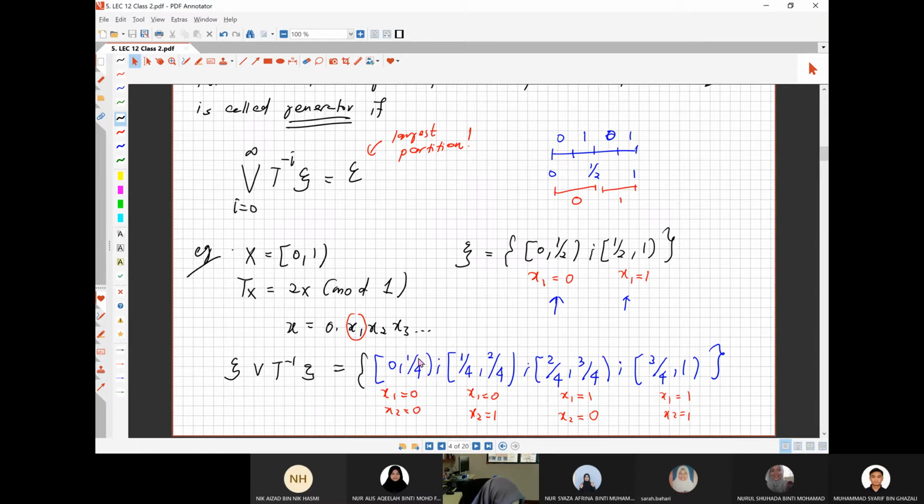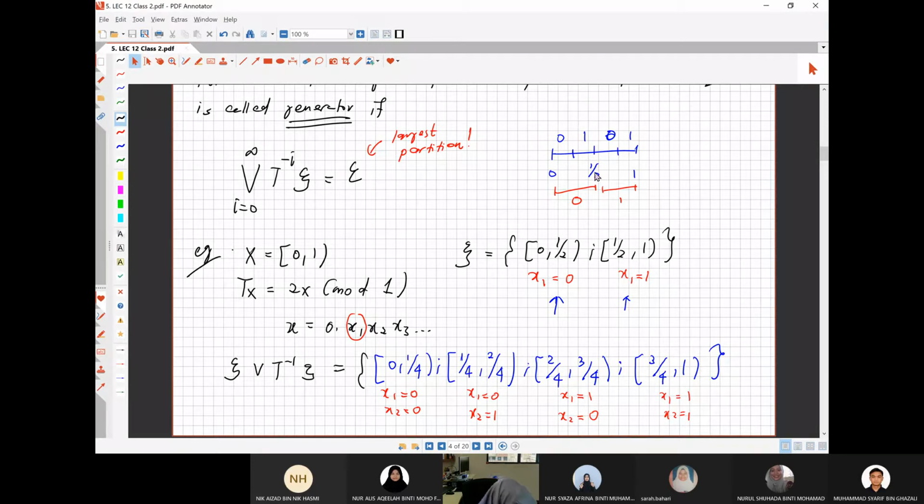So I have 0 to 1/4, 1/4 to 2/4 and so on until 1. For this case, if we divide 0 to half into another 2, the digit x1 here is 0, x1 here is 1. Sorry, x2. So this is x1, here x2. If we divide 3 times, that means x1, x2, x3.